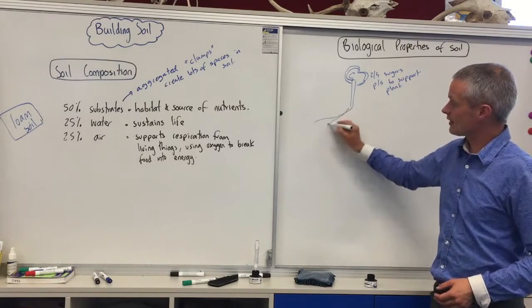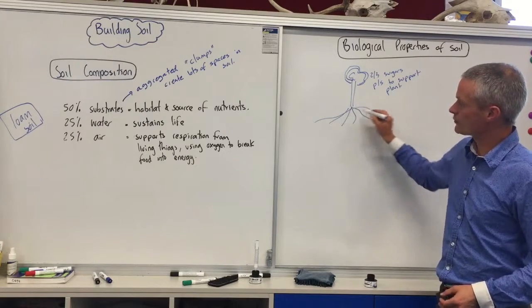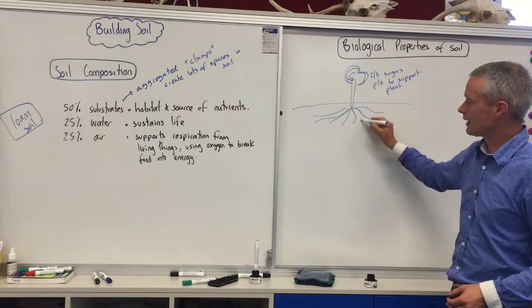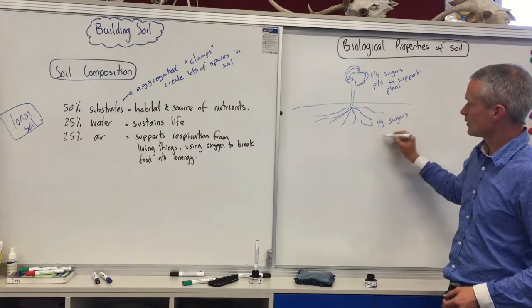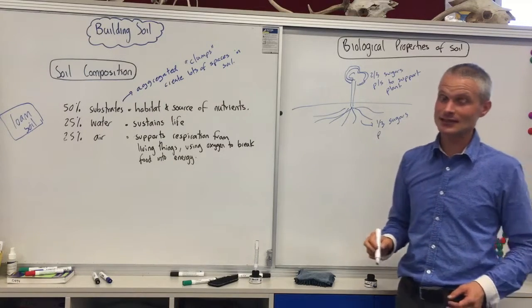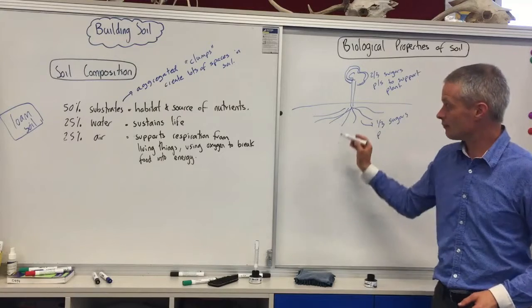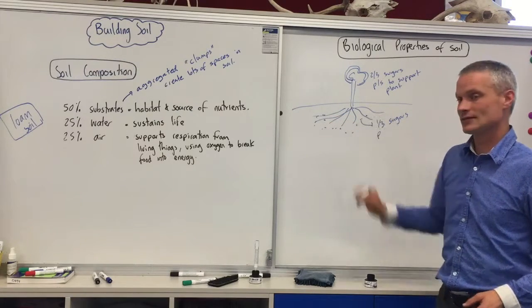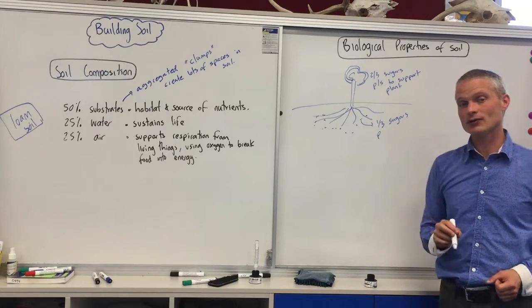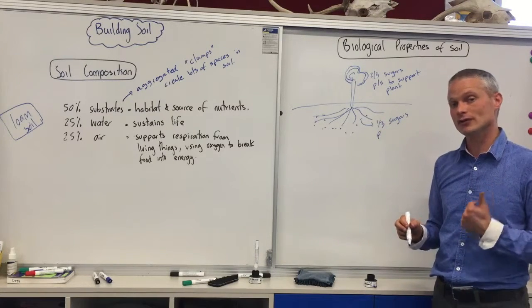But the interesting thing is that through its root network, the plant is going to put 1/3 of all the sugars produced by photosynthesis into the soil to feed the microorganisms that are in that soil, and by doing that attract the microorganisms that are beneficial to the plant.